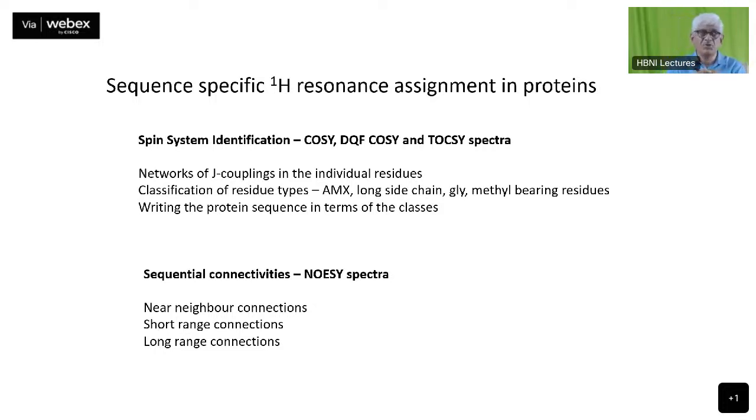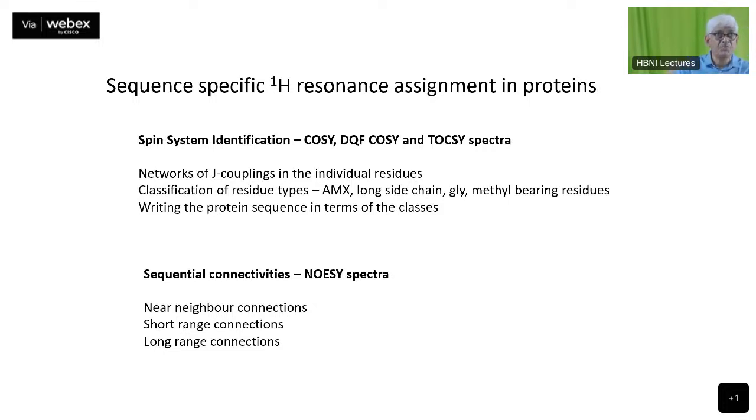So in order to be able to do that, you must have a kind of a dictionary of all the patterns of the peaks which you expect for different amino acid residues. I already showed you the typical chemical shifts of the alpha, beta, gamma and things like that in the chemical shift ranges. But this will reflect itself in the pattern in the 2-dimensional spectra, in the COSY and double quantum filtered COSY and TOCSY spectra.